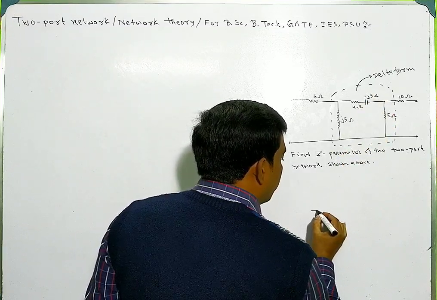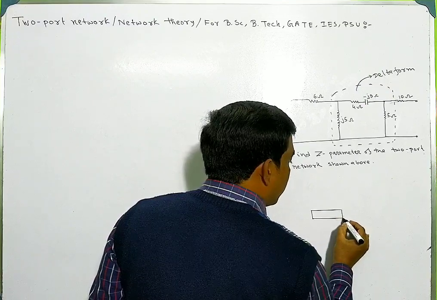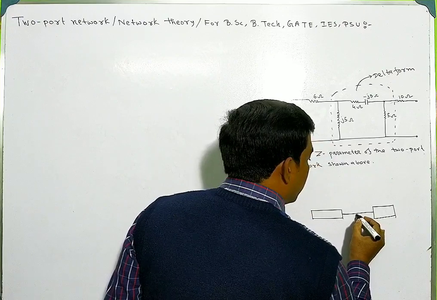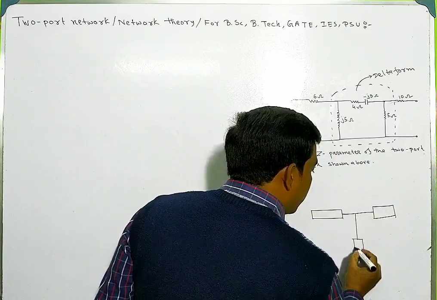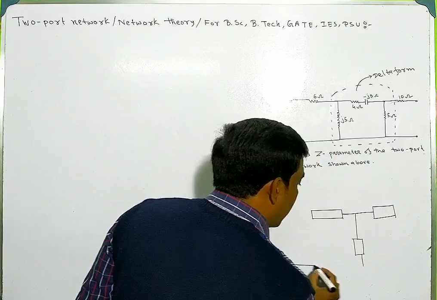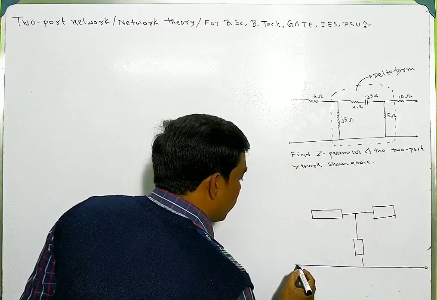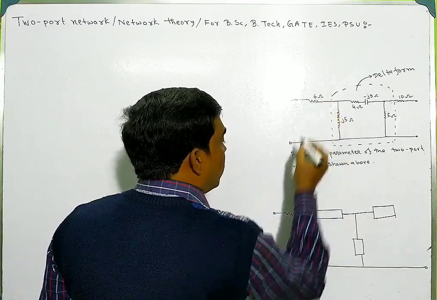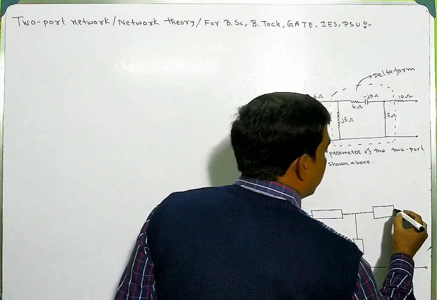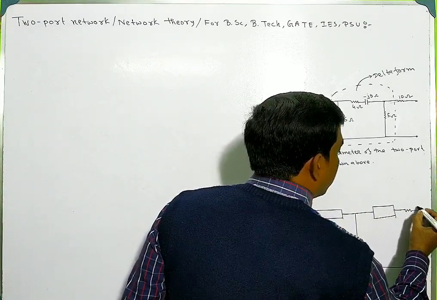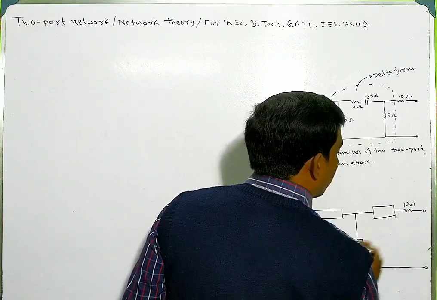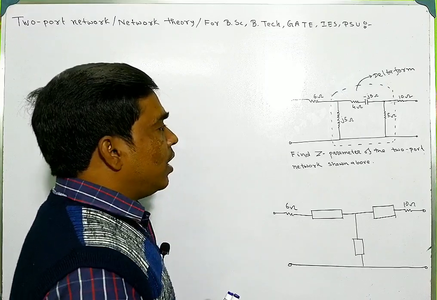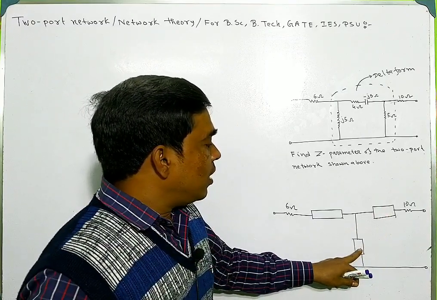That means there must be a resistance, and a resistance, and a resistance, and this is one port and this is another port, and this resistance is 6 ohm and this resistance is 10 ohm. Okay, so there must be one impedance and another impedance and another impedance.